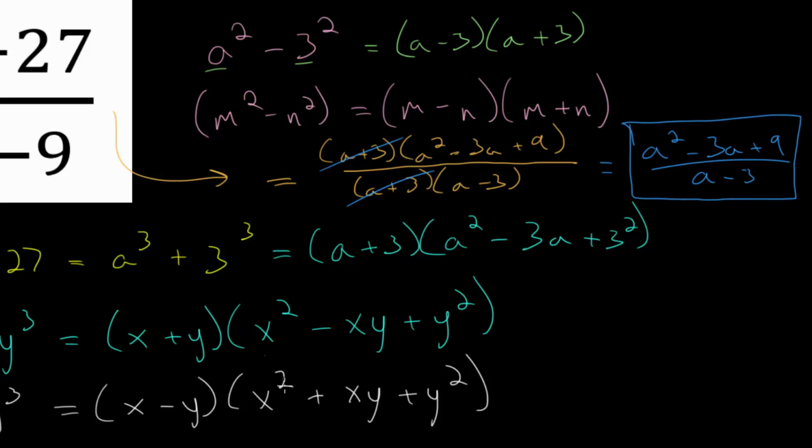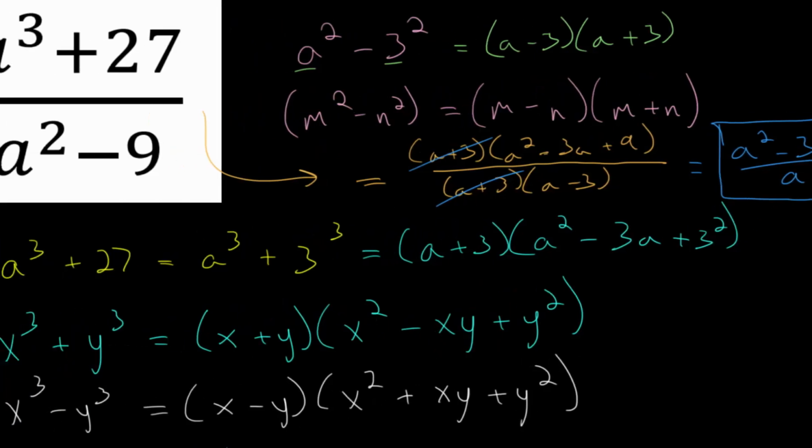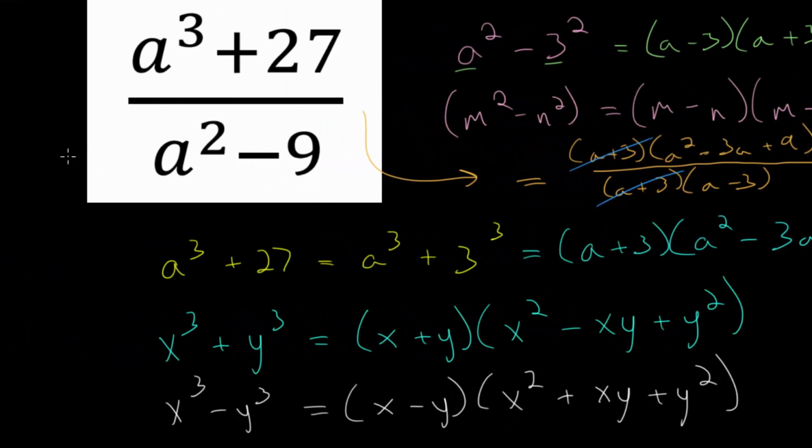Now, if you do want to check that this is actually correct, what you can do is plug in some a value. Let's say a is equal to 1. We get 1 plus 27, which is 28. We get 1 minus 9, which would be negative 8. And we can divide top and bottom by 4 here, so that we get 7 over negative 2.